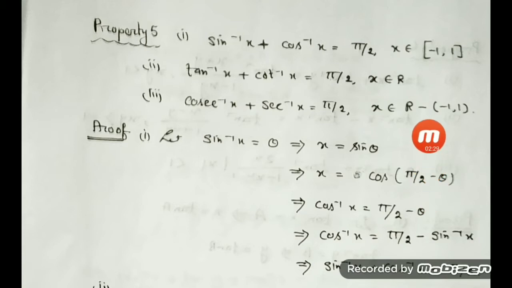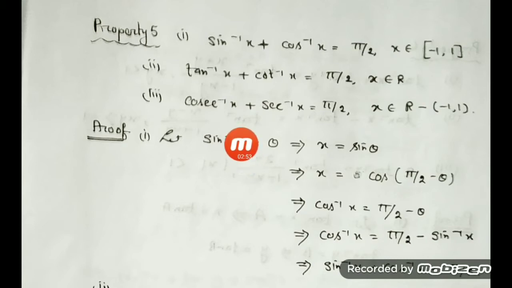Again, sine is positive in the first and the second quadrant, and you know the value of x, that is sine inverse. What is the domain of sine inverse? Yes, minus pi by 2 to pi by 2, which is the first and the fourth quadrant. So the common one is the first. That's why I take the answer in the first quadrant.